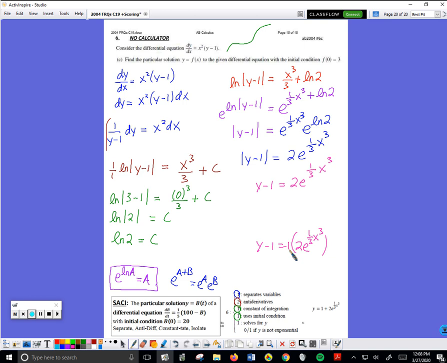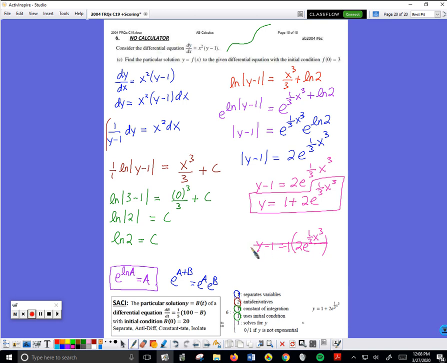So -1. We check by using the initial condition. When we plug in x equals 0, we're supposed to get a 3. If I put a 0 here, this will be e to the 0, which is 1, multiplied by 2. If you add the 1 across, you'd get 3. So this is the correct answer. This would not work, because this would become -2 plus 1 would be -1.